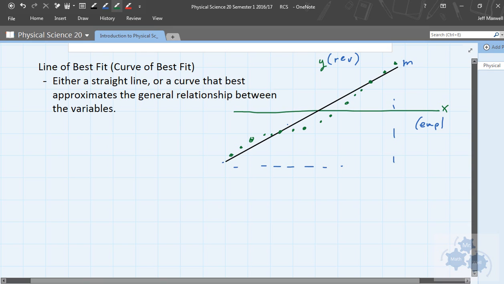It'd probably be something like this. Here would be my y-axis, okay? Now, if this was the line, and revenue was y, and I had, let's say, 1 or 2 or 3 or 4 or 5 employees, what this means is that I am basically going to be losing money if I only have between 1 and 5 employees. Okay? So here's 5 employees.